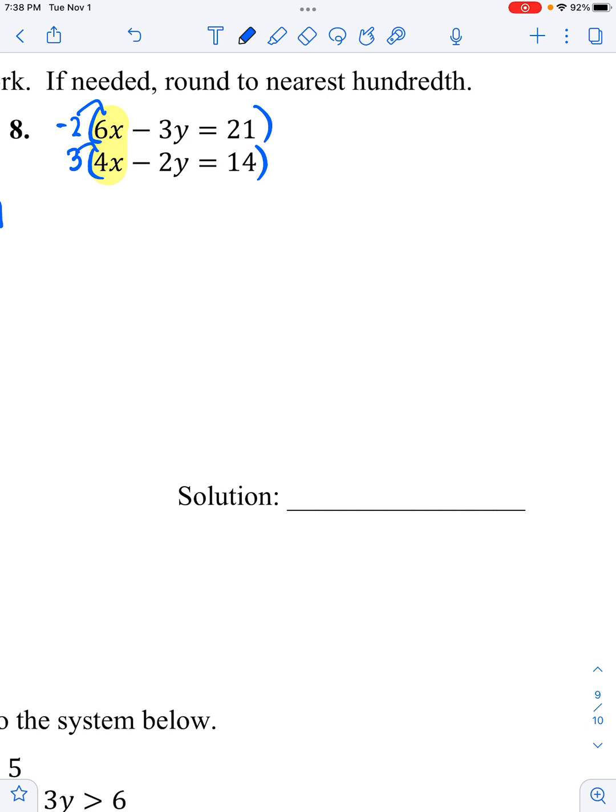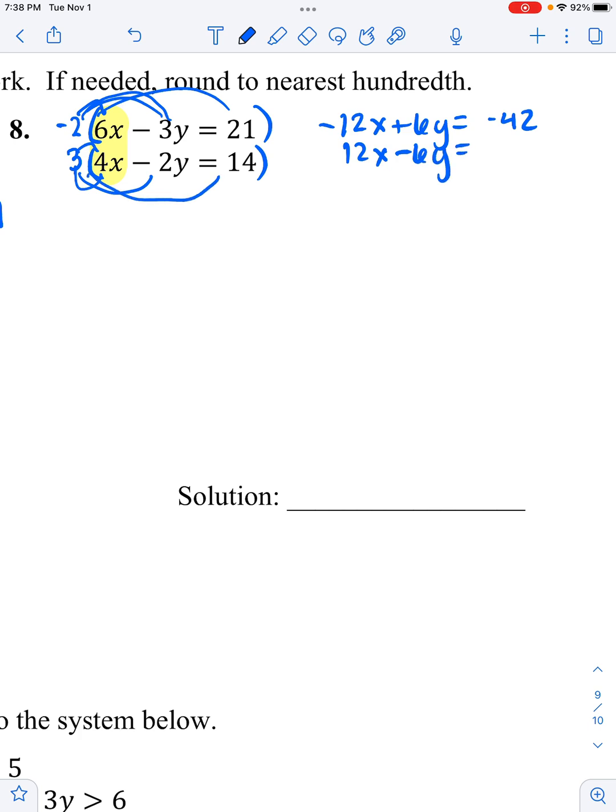So then they'll eliminate. So the top equation becomes negative 12. Here, the negative 2 times negative 3 becomes positive, and negative 2 times 21 becomes negative 42. In the bottom, 3 times 4x becomes positive. This becomes negative 6y, and this becomes positive 42.